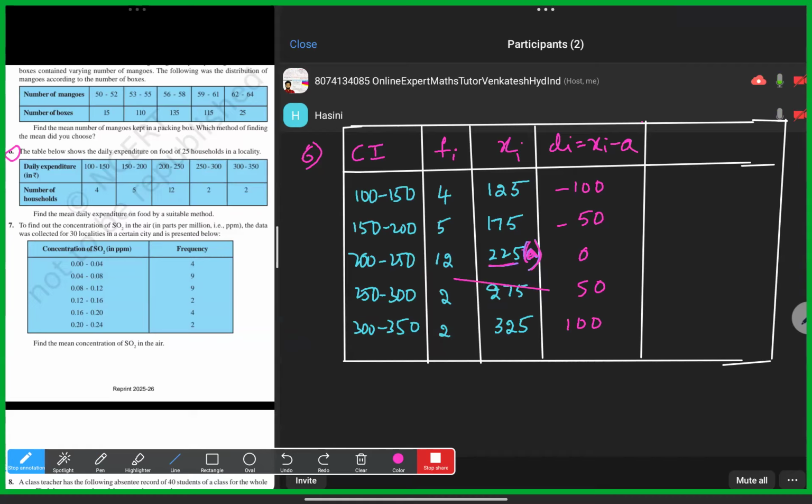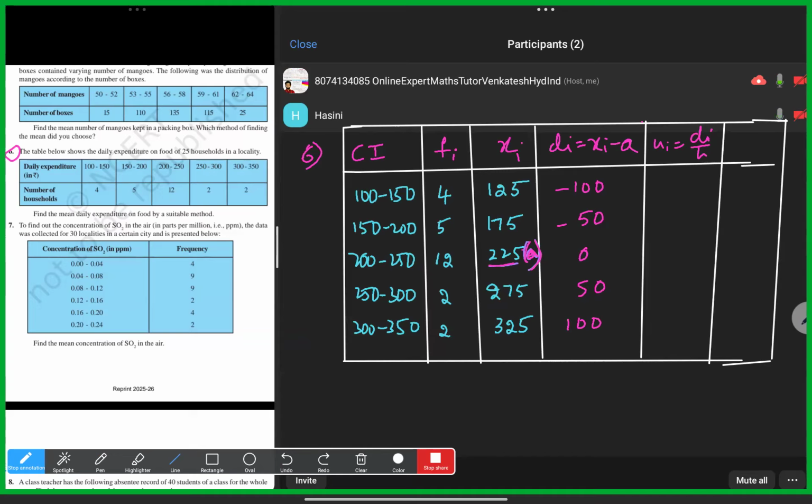The reason is that even though multiplication with 50 or 100 is easy, we can make that column much smaller by going to the step deviation method. So ui is equal to di by h, and finally we'll get the fi ui column.